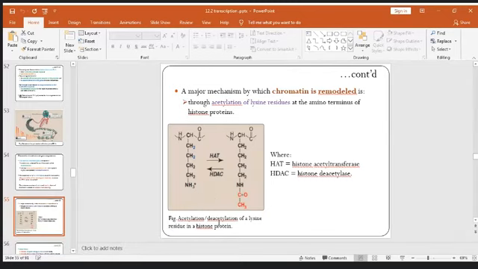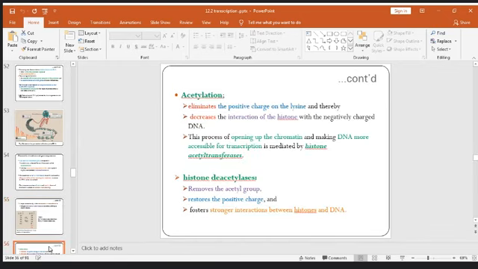So acetylation or deacetylation of a lysine residue in a histone protein matters because, as you can see on the diagram, the lysine provides the free amino end for the histone proteins. The activation and inactivation take place through acetylation and deacetylation of the residues.